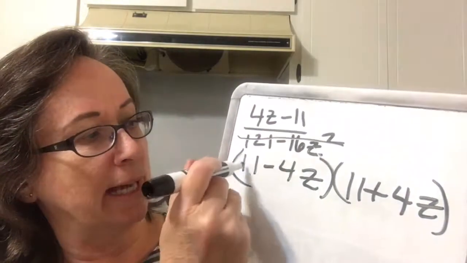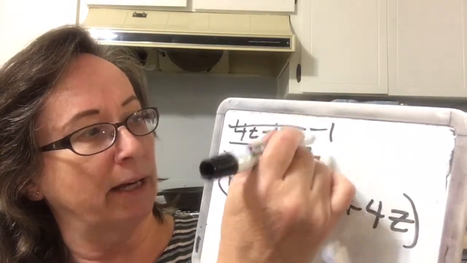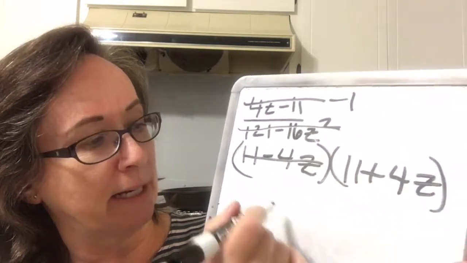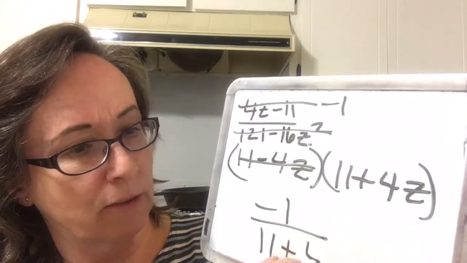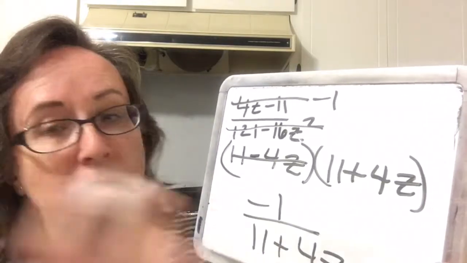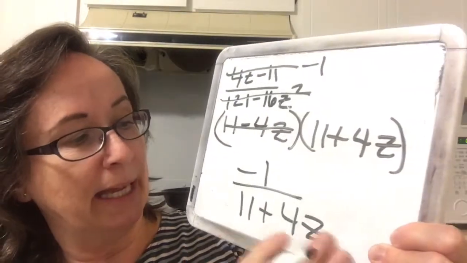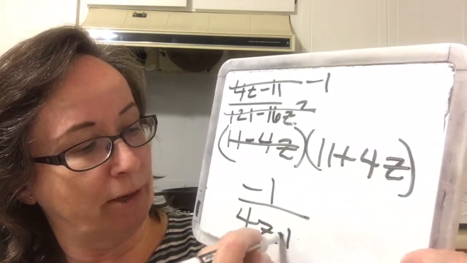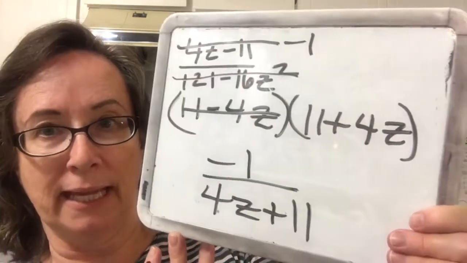So we're going to cancel this one and this one, leaving a negative 1. Usually we leave that negative 1 in the numerator, and then our final answer is negative 1 over 11 plus 4z, or 4z plus 11. I kind of like to put mine in the correct descending order of the variable when I can, and so that would be the answer to that one.